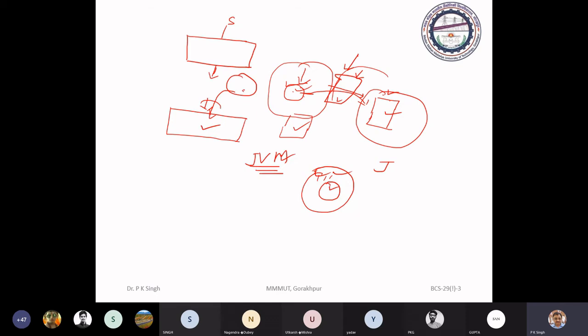Same case we have with the .NET framework. You have heard about this. The .NET framework also provides a virtual execution environment.